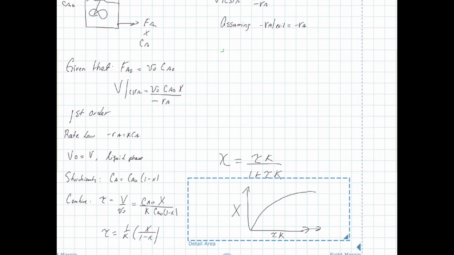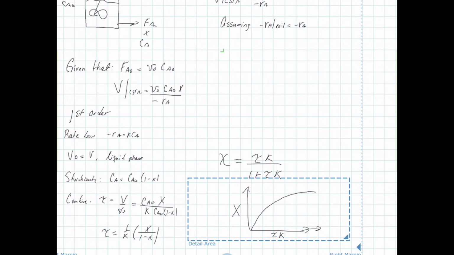So there are a few comments from this derivation. I want you to look at the analytical solution and the graph, and from that we can say that at large tau k values, we have higher conversions.